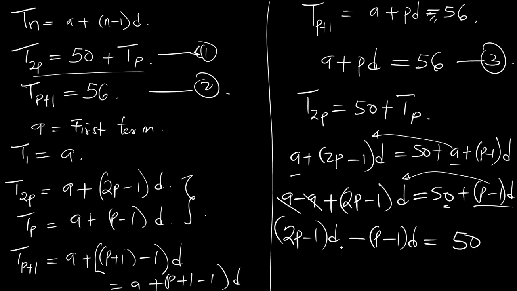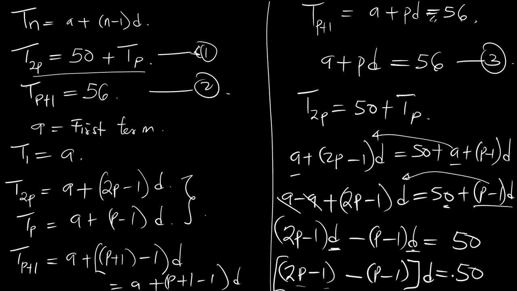Now if you look at this, d is common, so we factor out d. So now you have (2p minus 1) minus (p minus 1), all times d, is equal to 50.